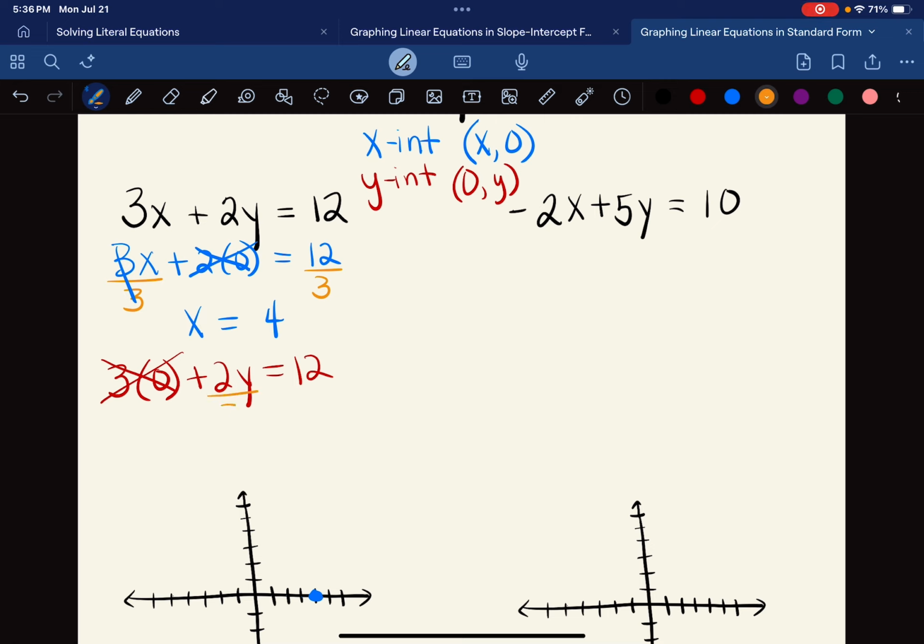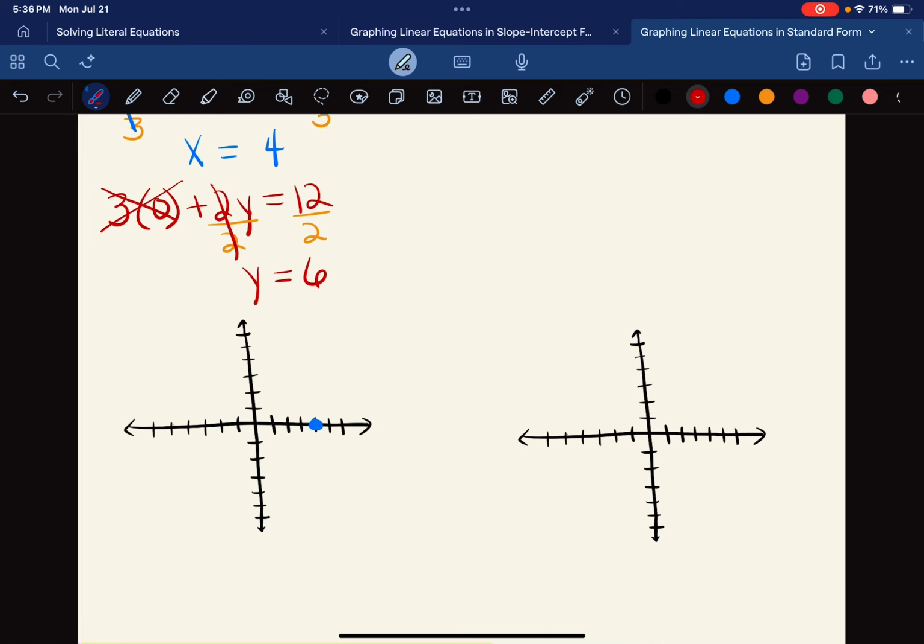And we can divide both sides by 2 here to isolate our y value, and we get y equals 6. So on our y-axis right here, I am going to plot the number 6. And now I have 2 points, which is all I need to graph a line. So I'll just draw a line between these 2 points, put my arrows on the end, and we're done.